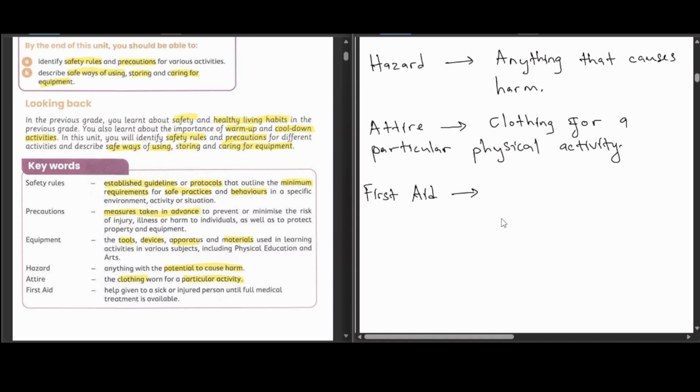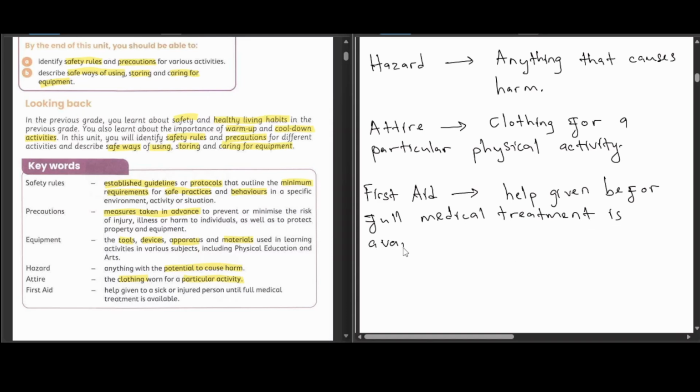Kureva kuti maybe ambulance isati yasvika, manesi nemadoctors asati vasvika, you are given help. So first aid, this is the help given before full medical treatment is available.